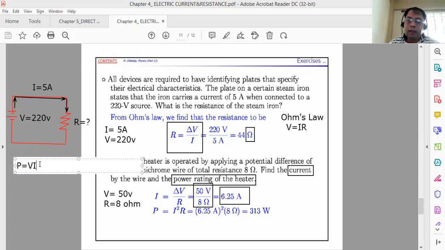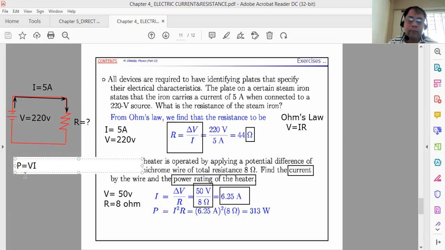But what they use as an equation is instead the I squared R equation, because it is referring to the device, the heater. But even if we use V times I, since there's only one device attached anyway, we can still end up with the same answer.